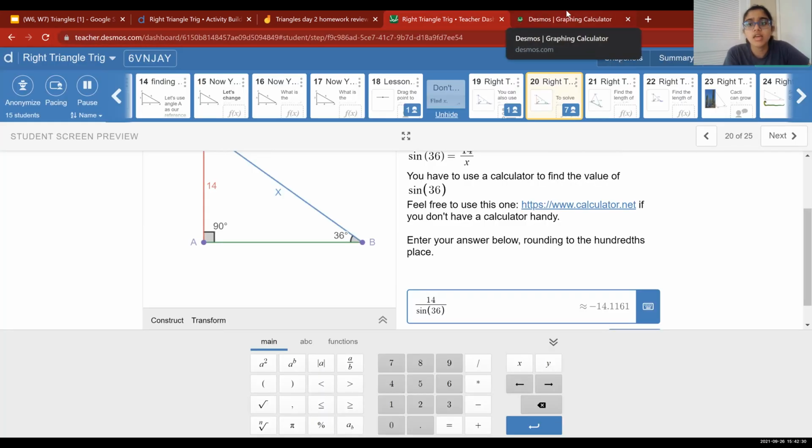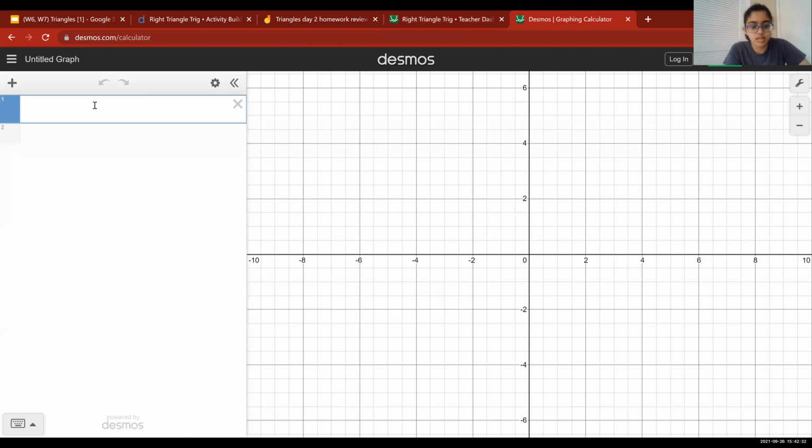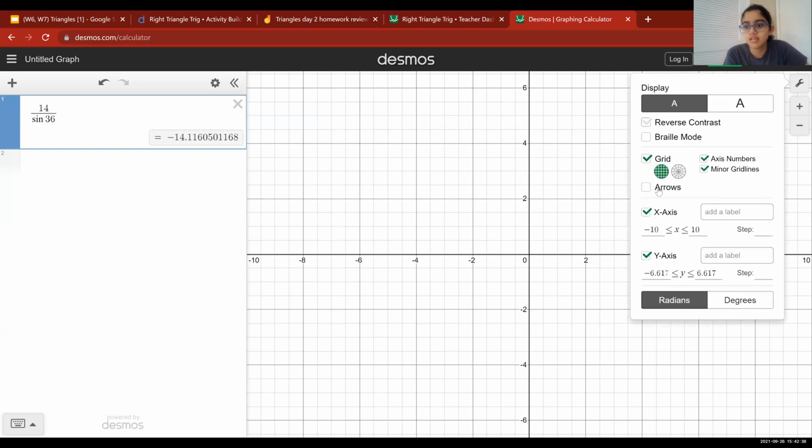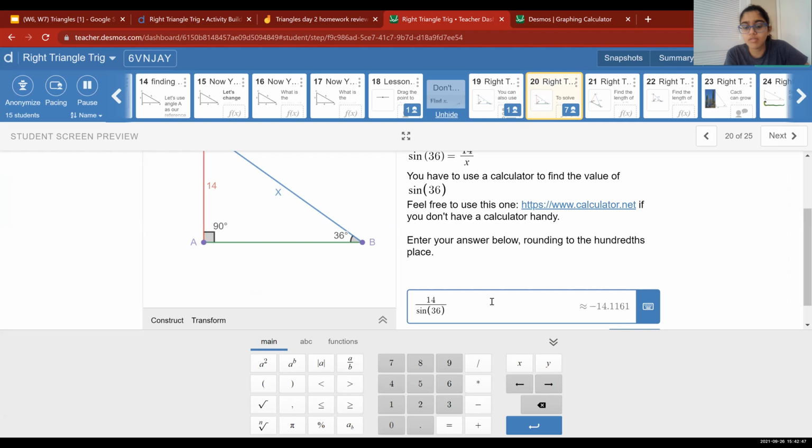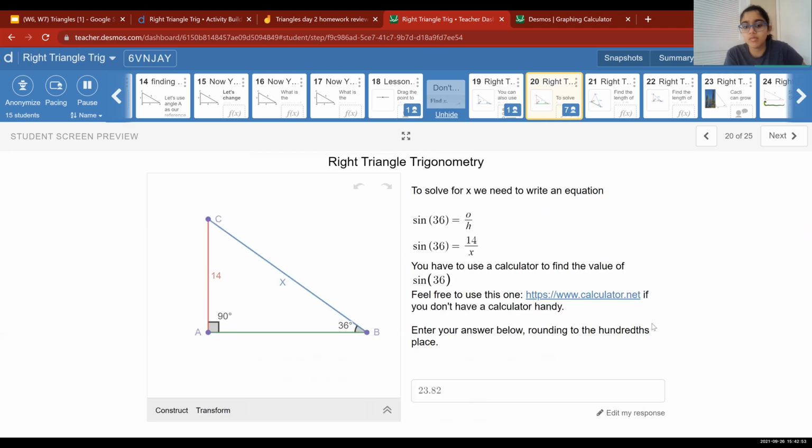So we do 14 divided by sine 36, and make sure we're in degrees. So we do settings, and down here we do degrees, and we get 23.818 is approximately our answer. We have to round to the nearest hundredth, so we do 23.82 because 23.818 rounds to that. So the answer is 23.82.